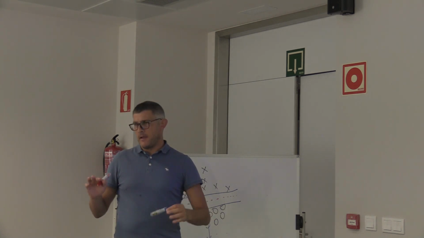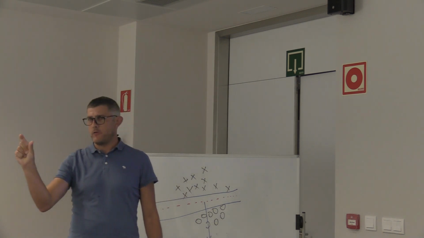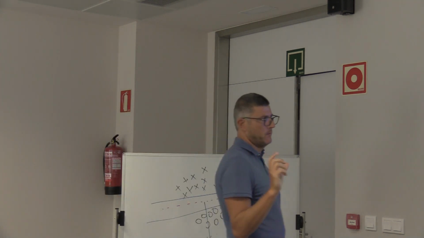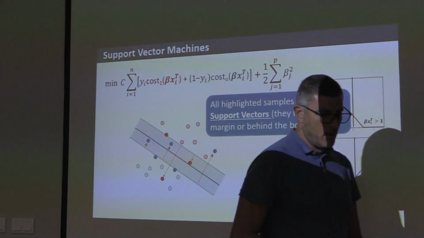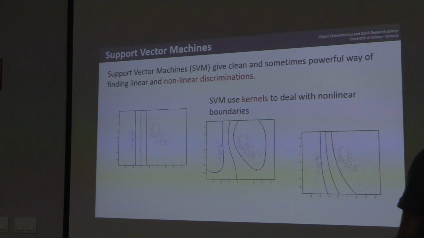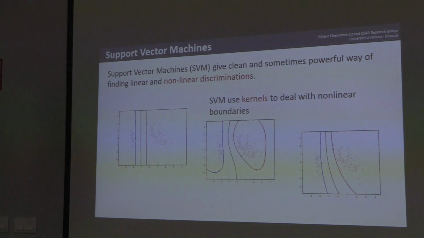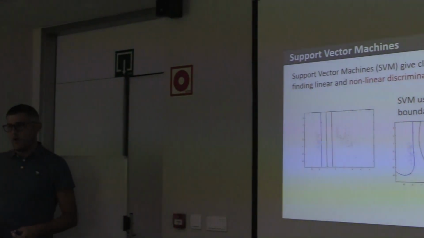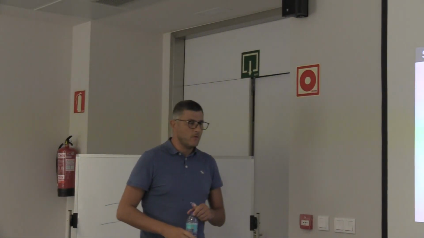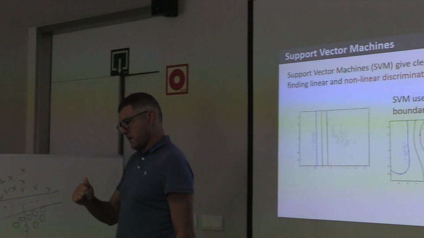Is this enough, at least the idea of support vector machines, to have a large margin between the two classes? This is the idea. Now, SVMs are applied a lot because, as I said in the beginning, they can be adapted.